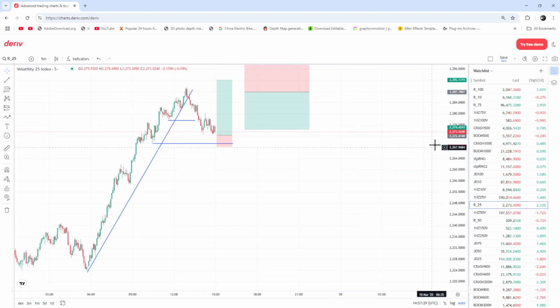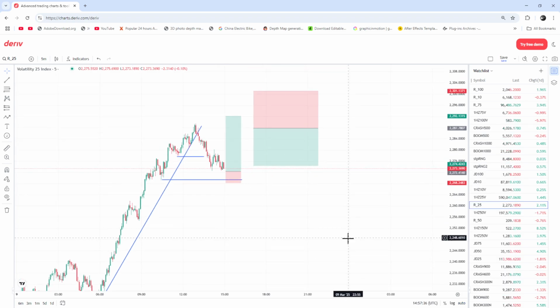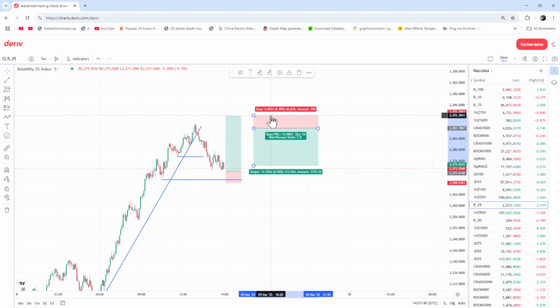A very tight stop loss above the key level. Then I will be targeting even farther away.